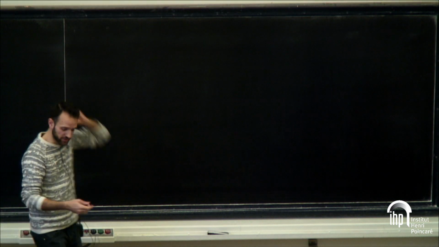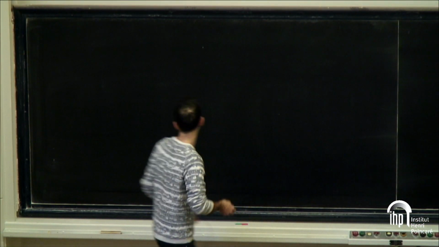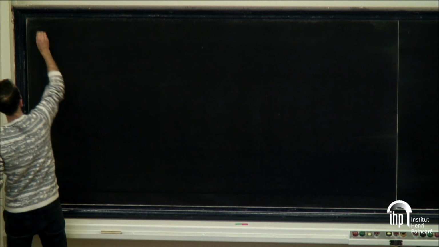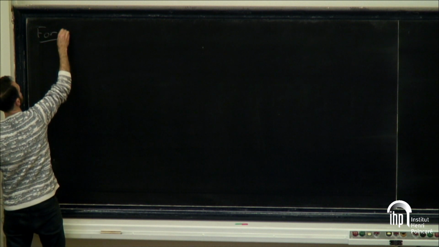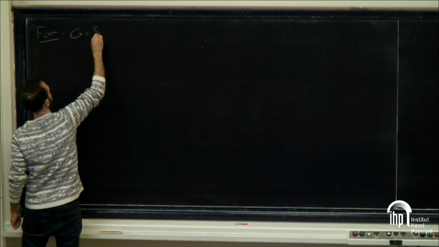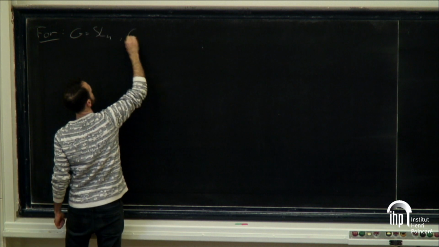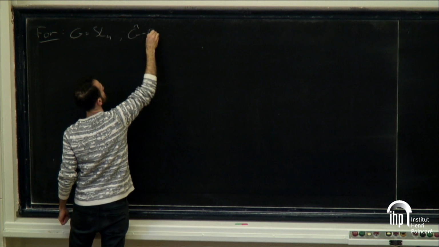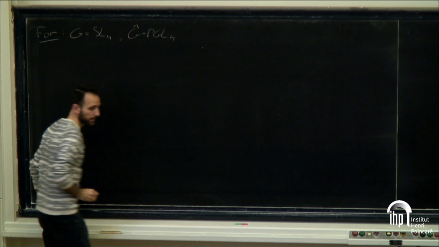It's very usual that you have some combinatorial statement, or in this case a duality, which is kind of hard to handle. If I give you two dual groups, so for us, what's the case you want to look at? For us, G will just be SLn, and then the dual is PGLn.